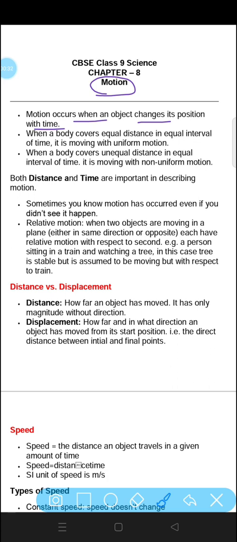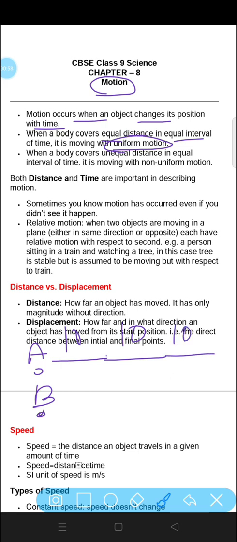When a body covers equal distance in equal interval of time, it is called uniform motion. Just suppose we have two objects, object A and object B. Object A covers 10 meters in every 1 minute. Again it covers 10 meters in 1 minute.